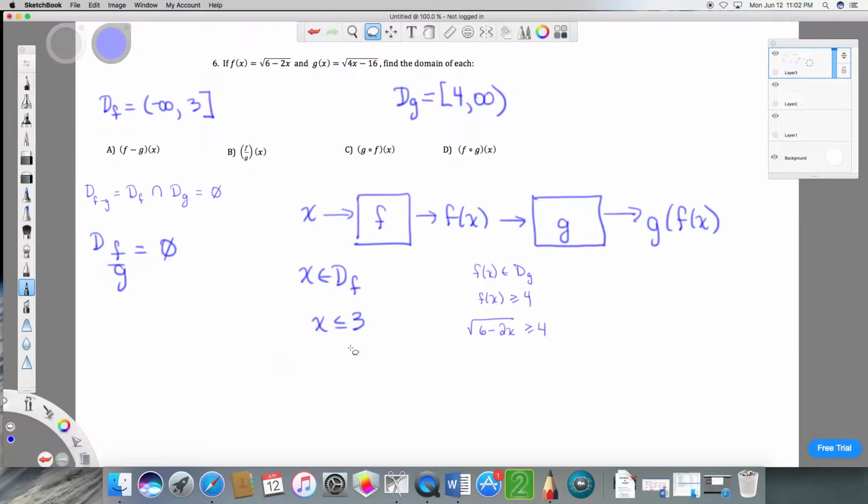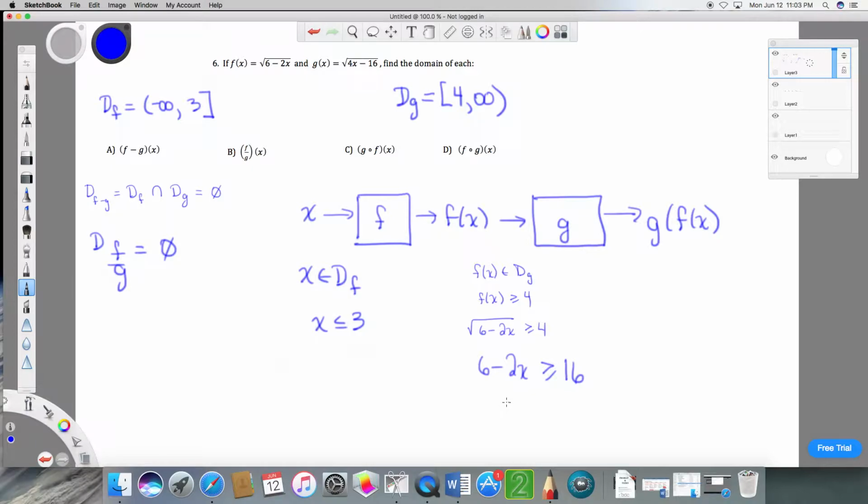But I don't think that we'll run into that problem here. So if I square both sides, I get 6 minus 2x is greater than or equal to 16. I think I'm allowed to do that. I'll double check that after this video to make sure that I can do that.